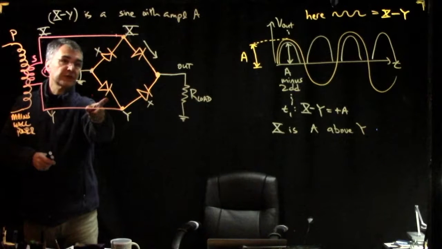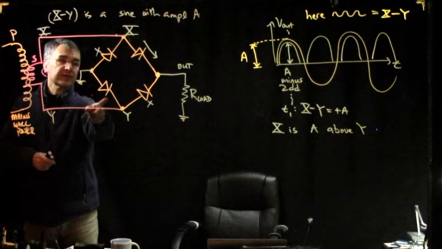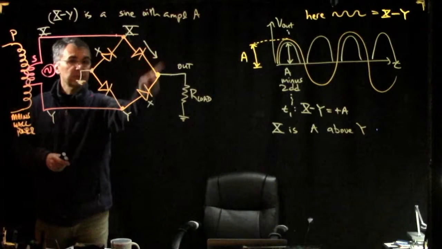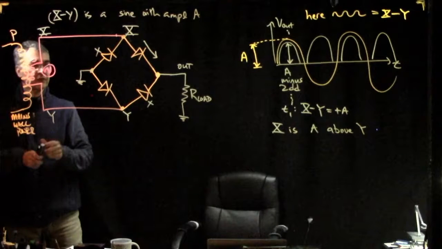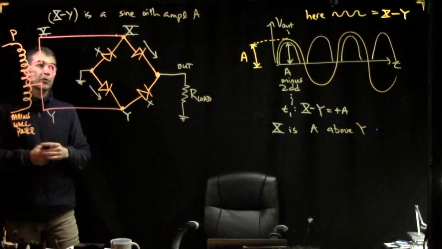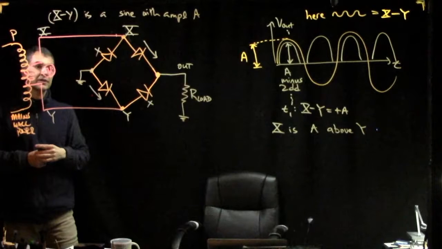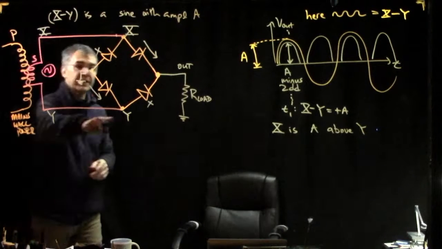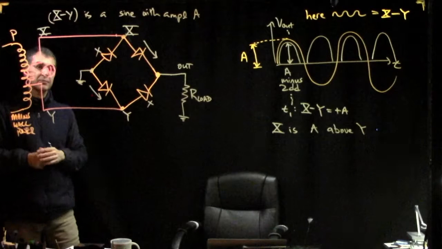And we do want the current somehow to flow back. You know, we need a complete circuit between output and ground. So it seems like this diode is on, which pulls point Y a diode drop below ground.